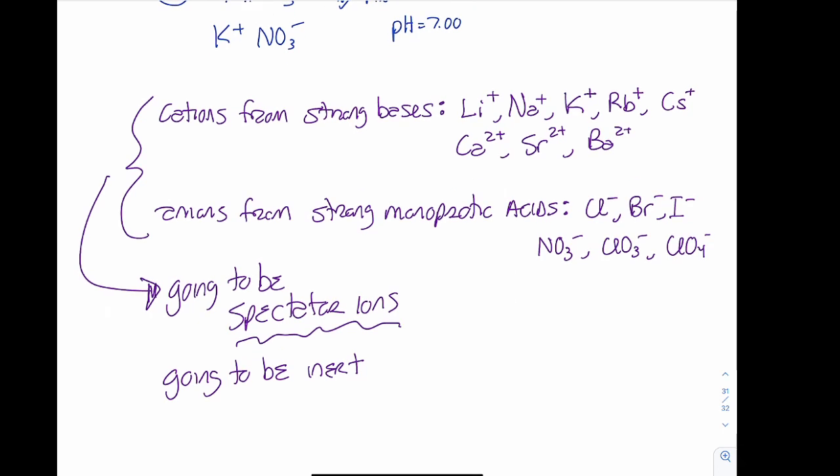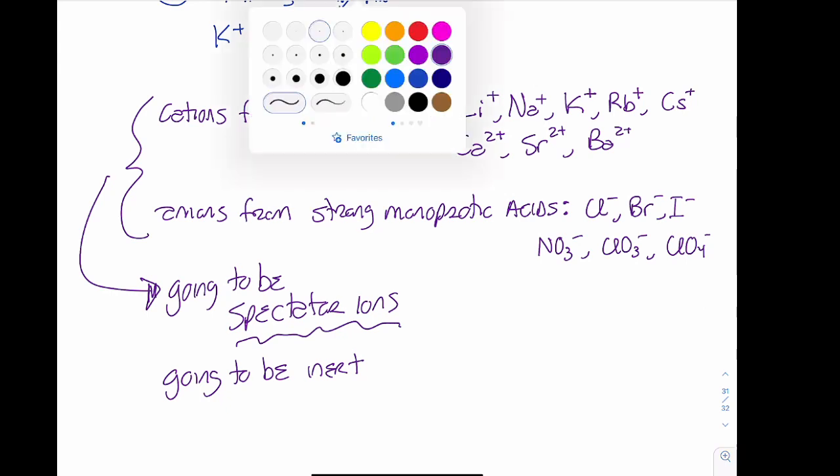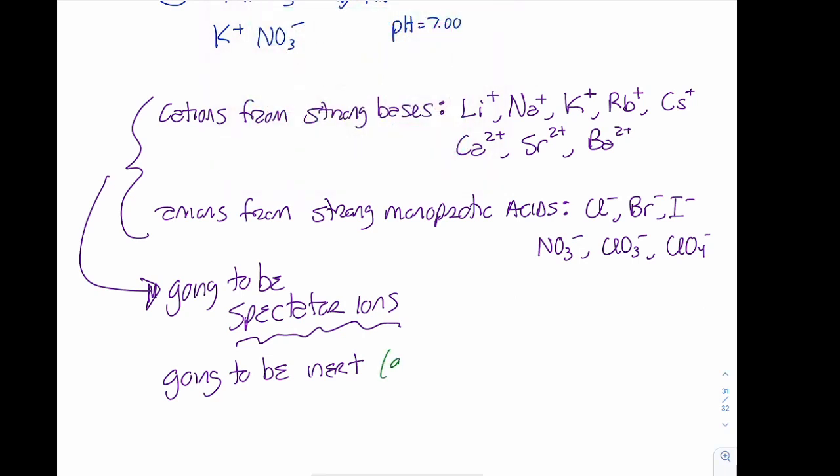So if you get a salt that's made up of any of those combinations, one of those cations with one of those anions, the pH of that salt solution is going to be 7. It's going to be a neutral solution. Neither of them are going to react with water. Let's actually add that. I know I'm beating this to death, but I want you to get it. Not going to react with water to produce hydronium ions or hydroxide ions.